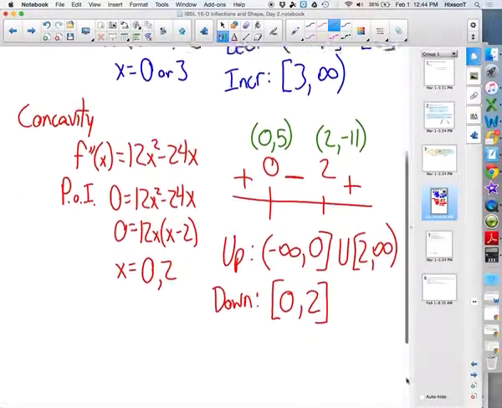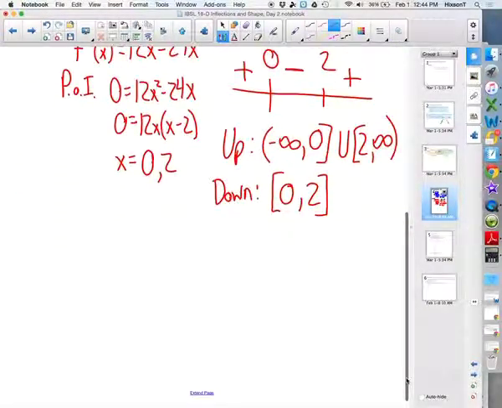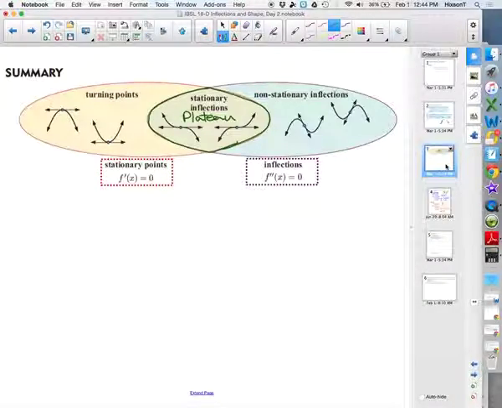Alright, so, just to kind of wrap all this up. Notice here, we have turning points, or we could call them critical points. We also have plateau points, and then we also have points of inflection.